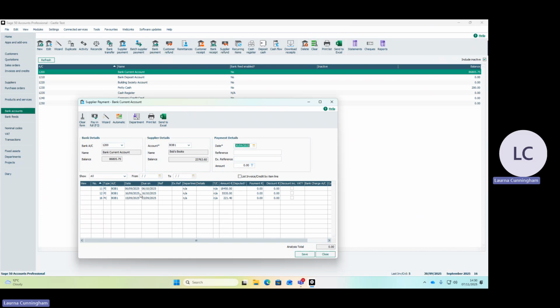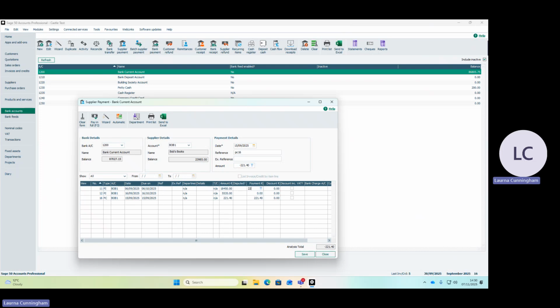So on the 15th of the 9th, 25, I had a purchase credit note 16. And come down in the exact same way as we did with the sales credit note. I come down to the line here that shows the credit note, so 22140, and I go to one of the other lines because I have a minus now.